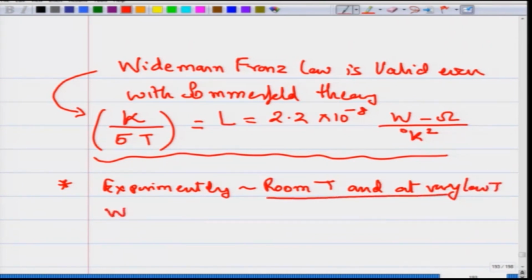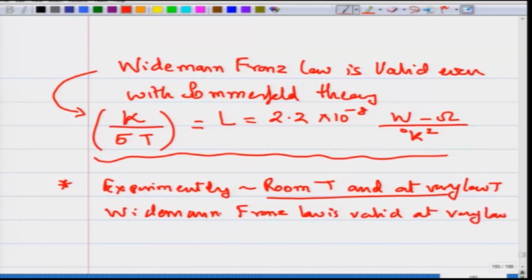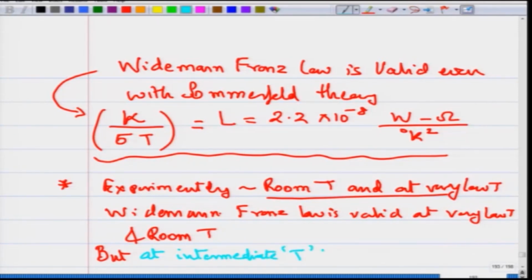So, the Wiedemann-Franz law is valid at very low temperature and room temperature, but at intermediate temperatures the Wiedemann-Franz law is not validated.